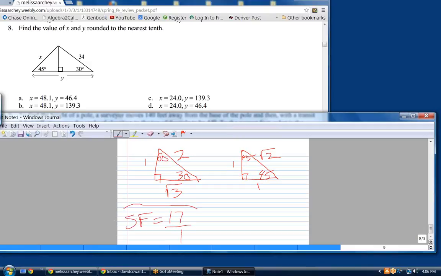That's your first job, is to find the scale factor. Gotcha. If the scale factor is 17 to 1, what is this dimension right here? 17. Yes. Okay, so we know that this is 17.